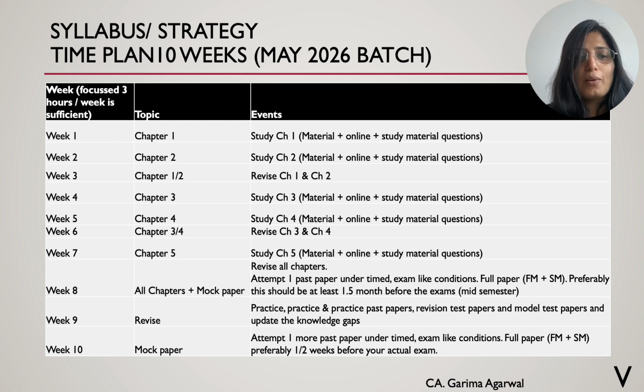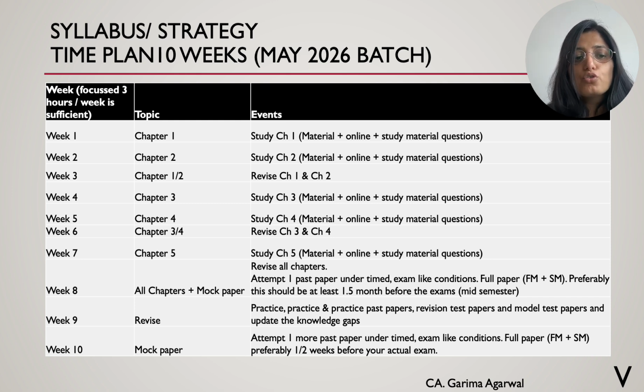Week 7 will cover chapter 5. And in week 8 you should do revision of all chapters plus any past papers. You should attempt one past paper under timed, exam-like conditions, and you should attempt the full paper, like financial management plus strategic management, in that sitting. And typically you should do this at least 1.5 months before your actual exams so that you know what you are lacking, and you can work on it in the limited time left before the exams.